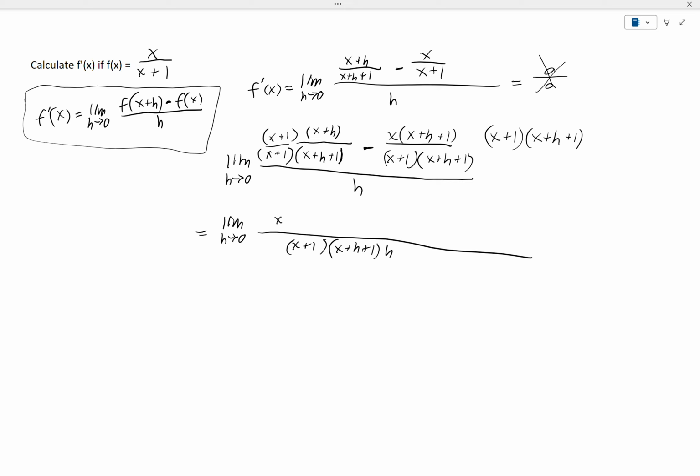That's going to be the denominator for x plus 1 times x plus h minus, I'm going to distribute this out right now, x squared plus xh plus x, and I still need to distribute that negative out. I can actually do that right now too. It's just going to make all of these terms have a negative on the front of them.